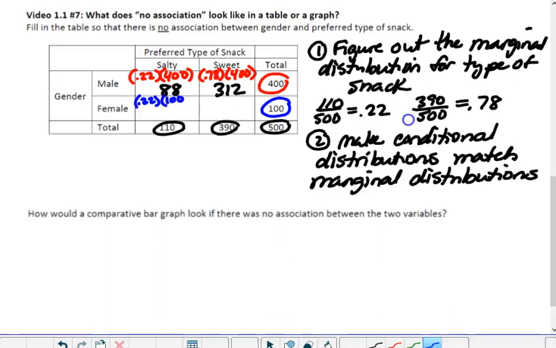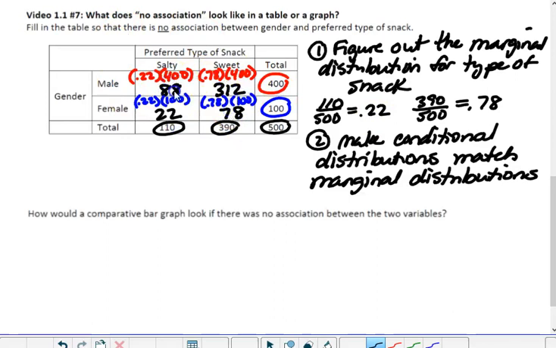Obviously 22% of 100 is 22, and 78% of 100 is 78. But I'm going to go ahead and put those down anyway, because sometimes they're not as easy to do in your head. So now, if I add these up, 88 plus 22 gives me 110. 312 plus 78 gives me 390.